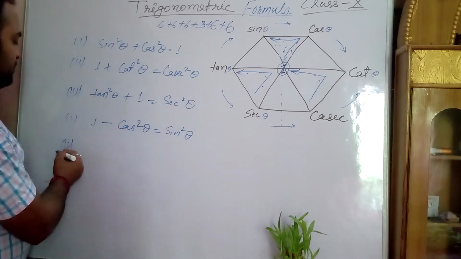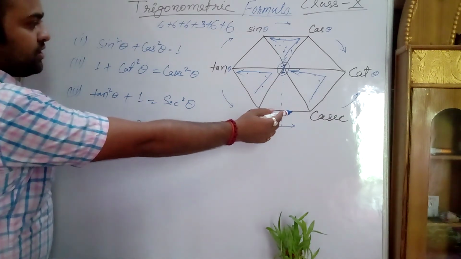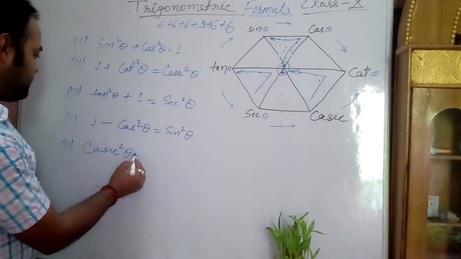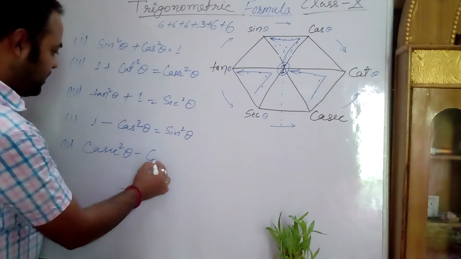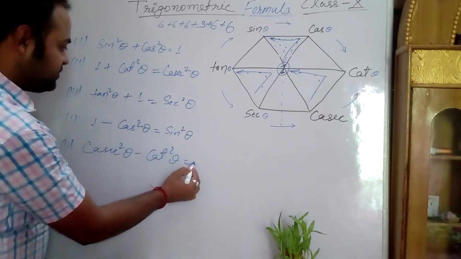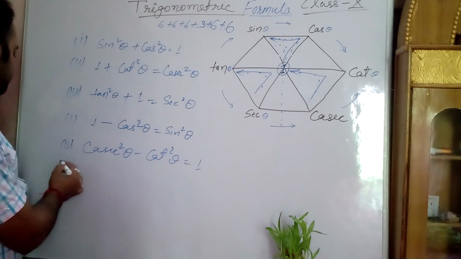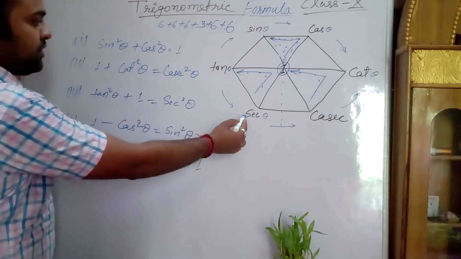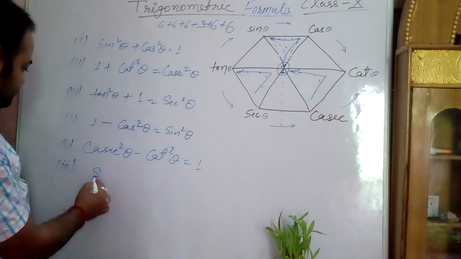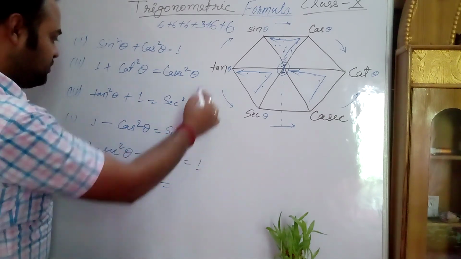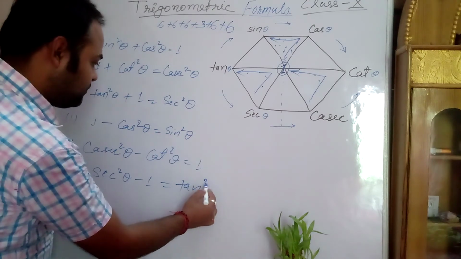Second, cosec square theta minus cot square theta is equal to 1. Third, sec square theta minus 1 is equal to tan square theta.